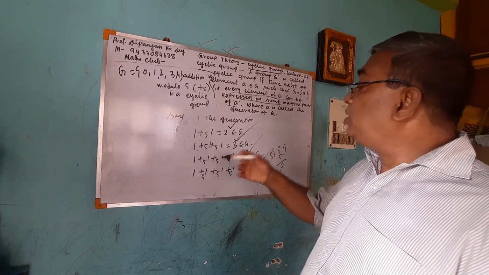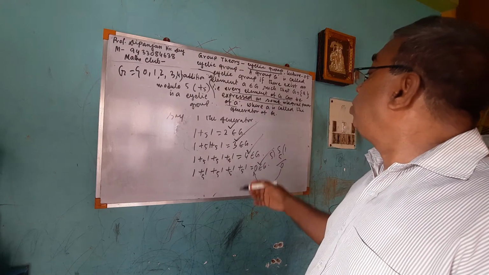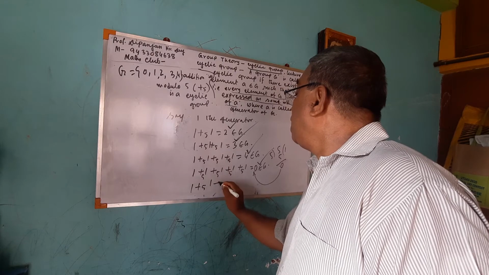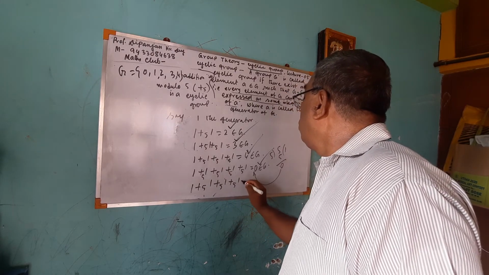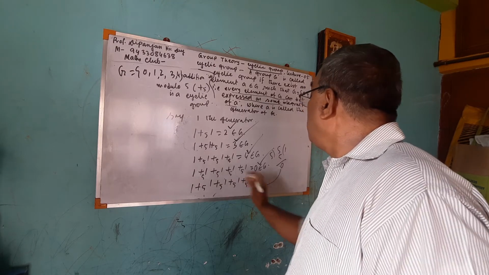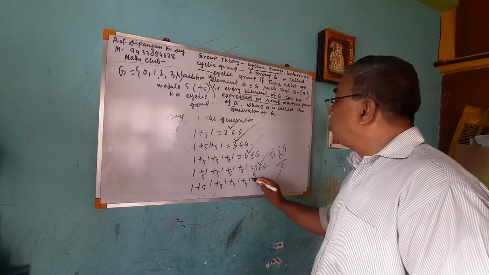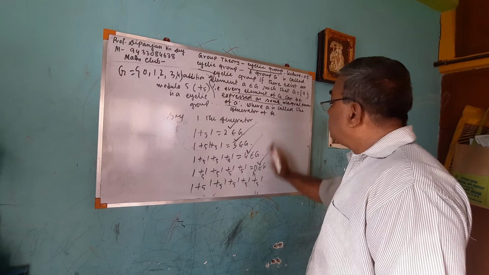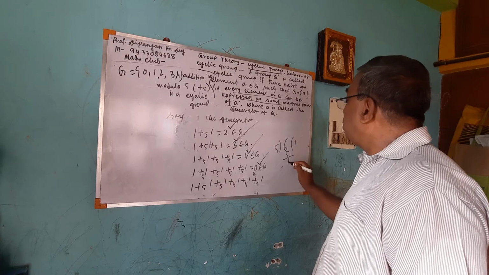Now if I increase to 6, you will get 1 again. That is 1 plus 1 plus 1 plus 1 plus 1, which is 5, and again 1, making 6. 6 divided by 5: 5 ones are 5, and 1 is the remainder.